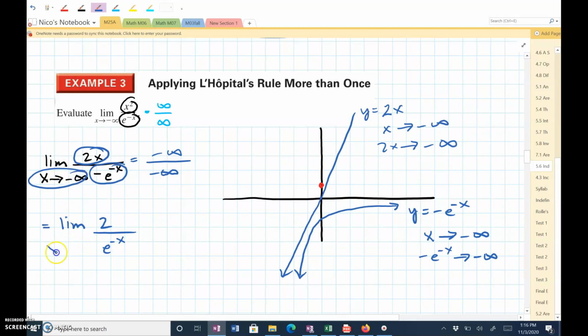This would stay the same, x to negative infinity. So here, this ends up becoming positive infinity. This ends up becoming just 2. So this really equals 0. So we don't need to write this.